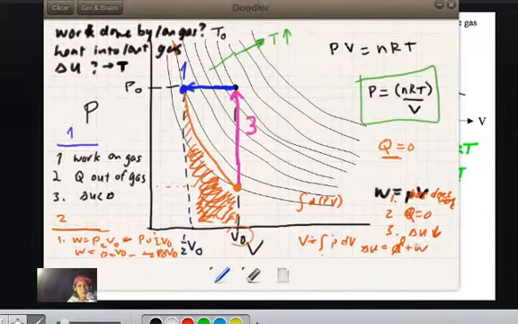Oh my gosh, here's the convention. The work done on the gas. So since delta U is the work done on the gas, and we know delta U is less than 0 because the temperature drops, therefore, we know that the work done on the gas is negative, or that the gas does work.